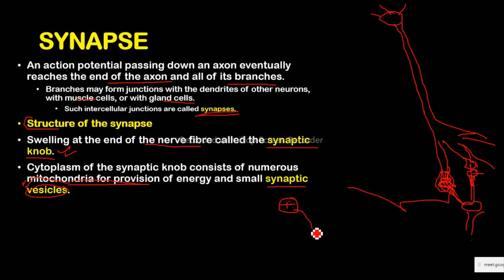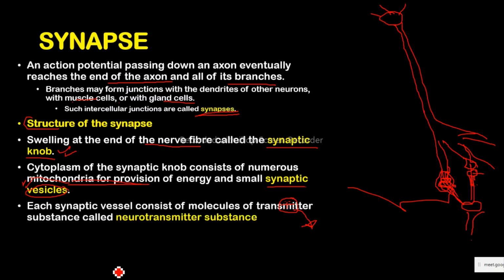And it is this neurotransmitter substance that plays an important role as the impulse is transmitted from the presynaptic neuron to the postsynaptic neuron. Is that okay? Yes. So I expect you to talk about the neurotransmitter substance.